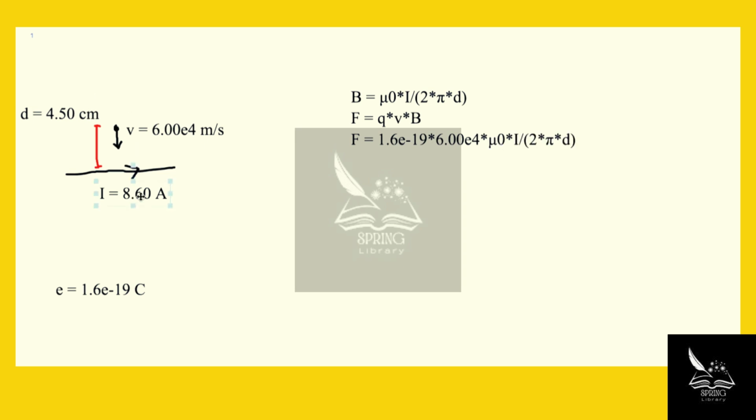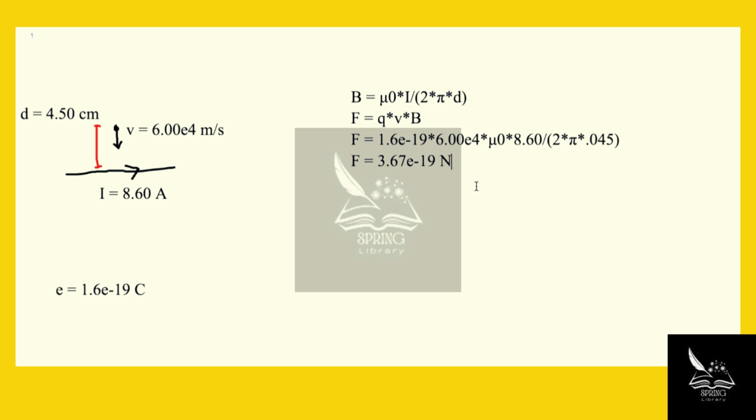We can plug in I is 8.6. And then remember, we have to convert everything to SI units. So this distance of 4.5 centimeters is 0.045 meters. Plugging this in, we should get a result of 3.67 times 10 to the minus 19 newtons, because this is a force.